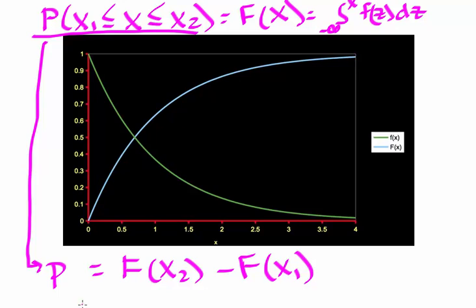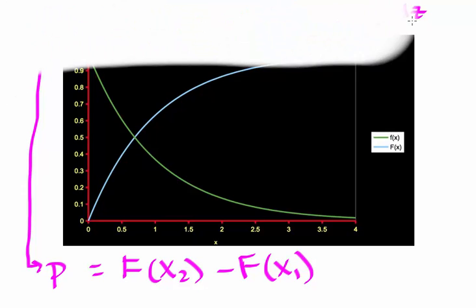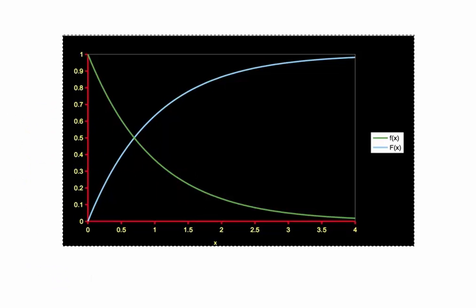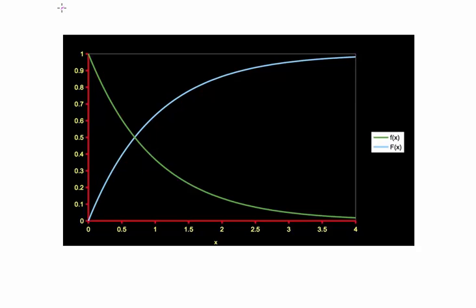So let's pick some value that we're looking for. Let's say we want to solve for the probability of x being between 1 and 2.